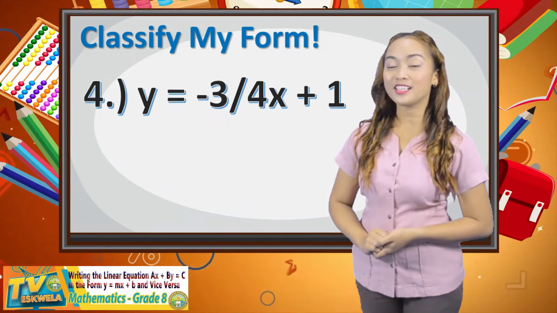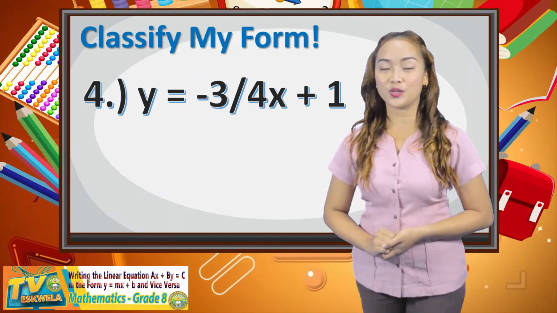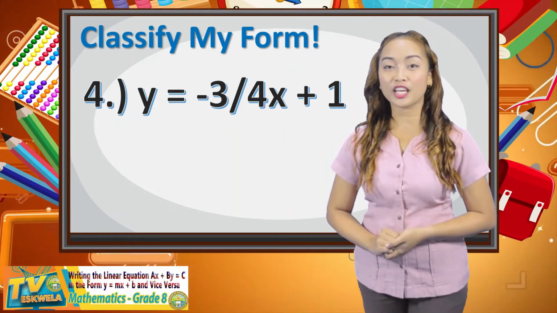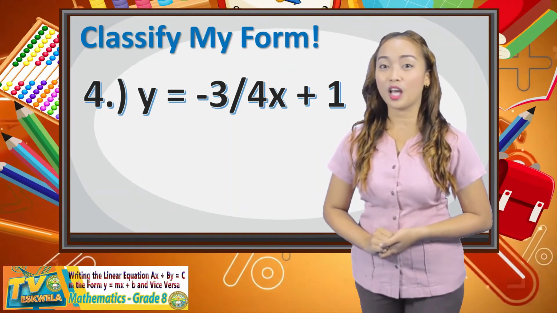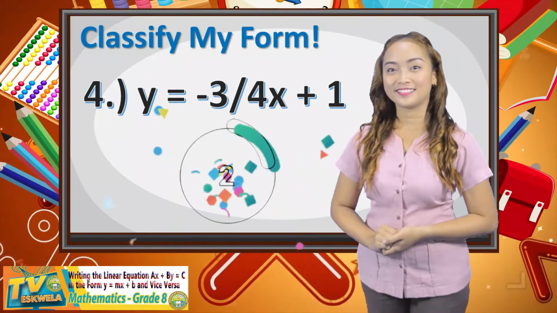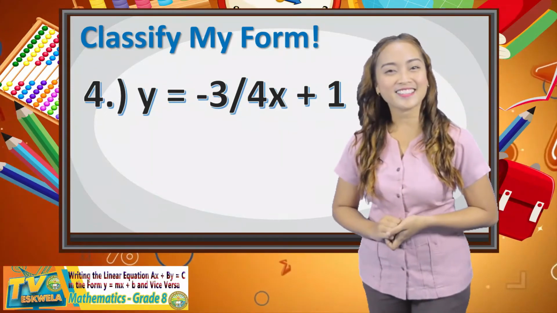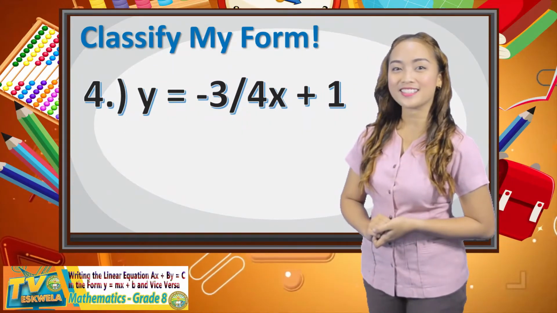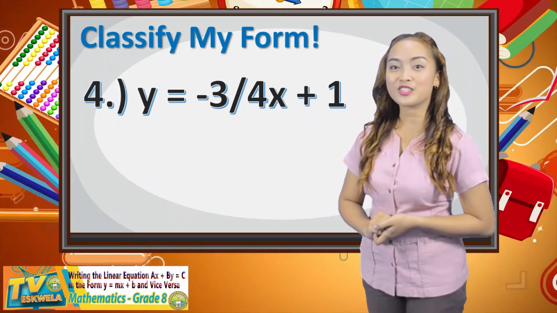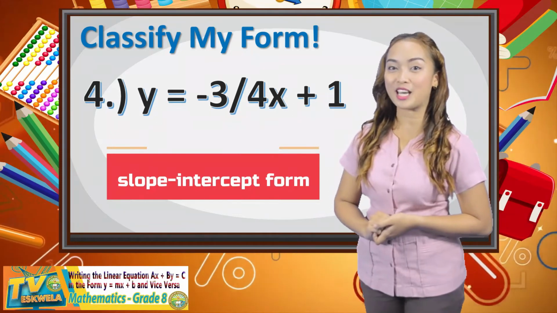Number 4. y is equal to negative 3/4 x plus 1. Nice! You clapped twice. The given equation is in slope-intercept form.